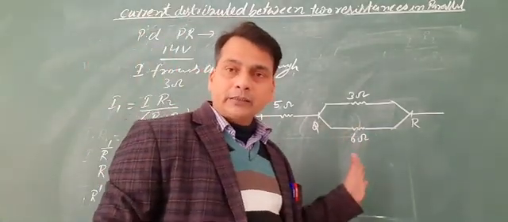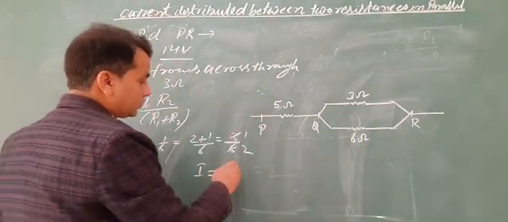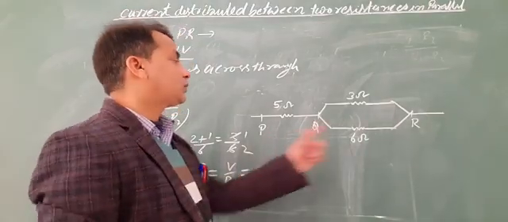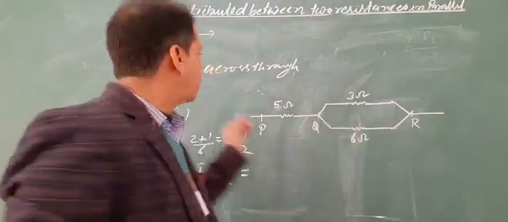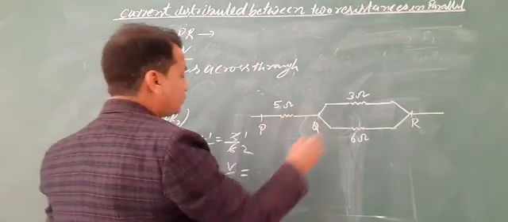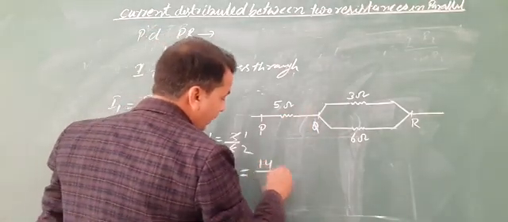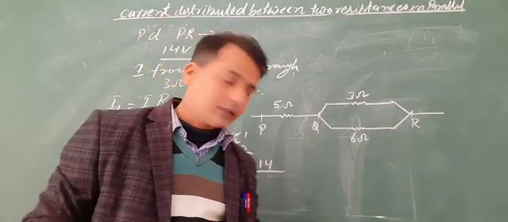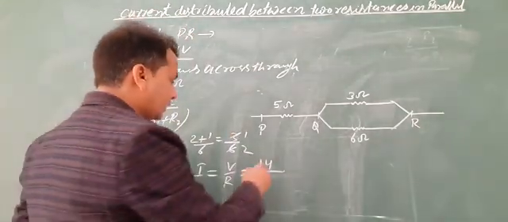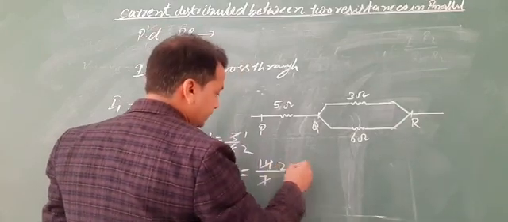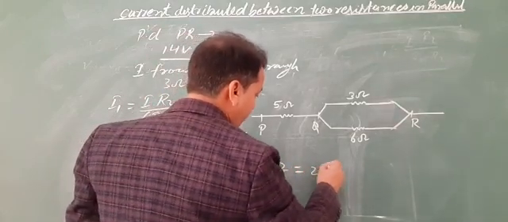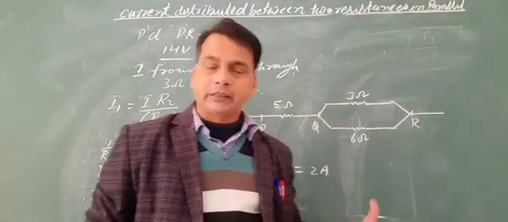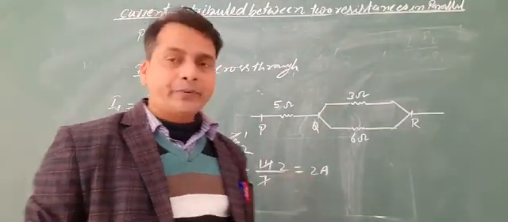Put V equal to 14, and the equivalent resistance in this circuit is 7, then 14 by 7 is 2 ampere. So the total current in this circuit is 2 ampere.